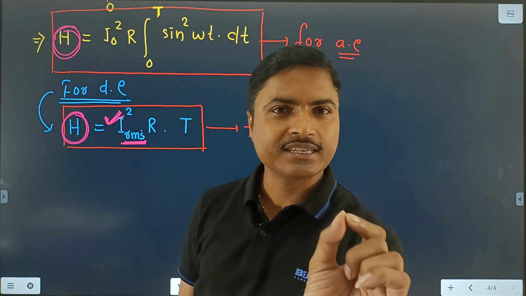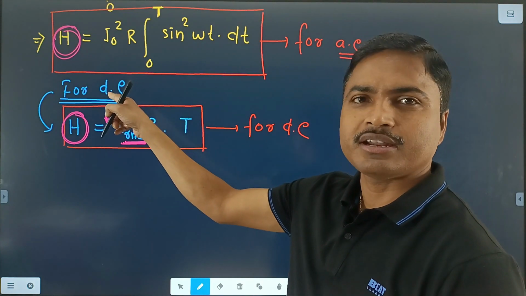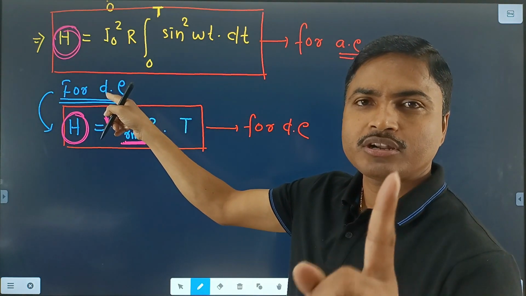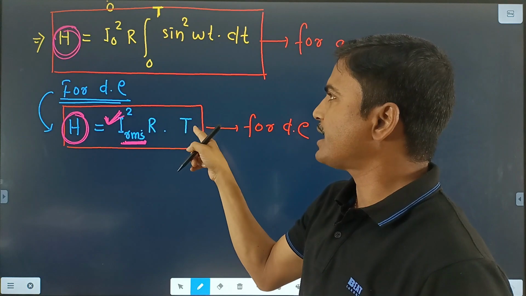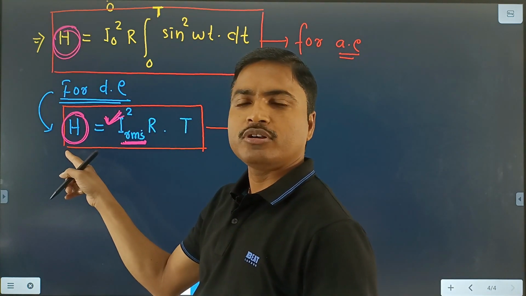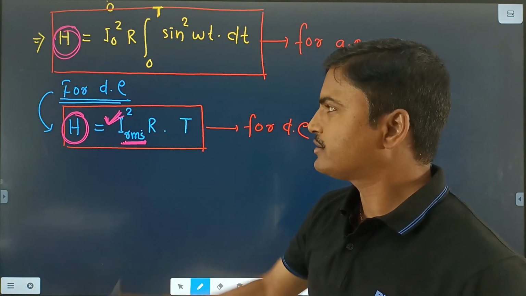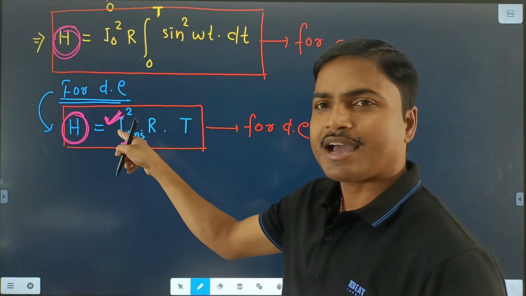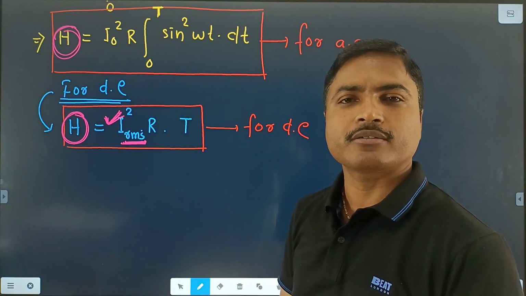What is the condition? For the same time, if the same heat is produced, then the direct current I is known as the root mean square value.